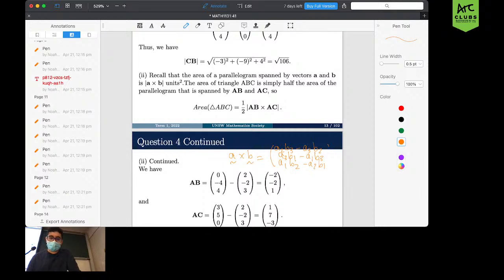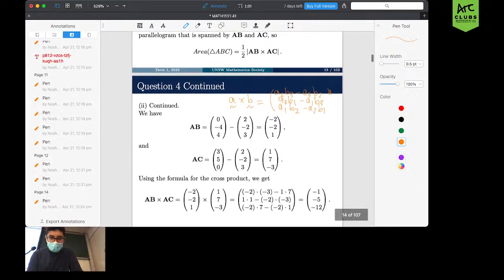Now we'll use this equation for the cross product to find vector AB times vector AC, and we'll do that here. And we end up getting vector AB times vector AC is -1, -5, -12.